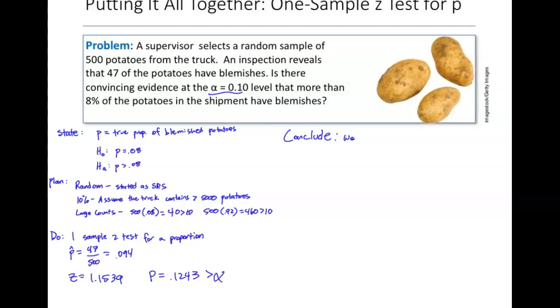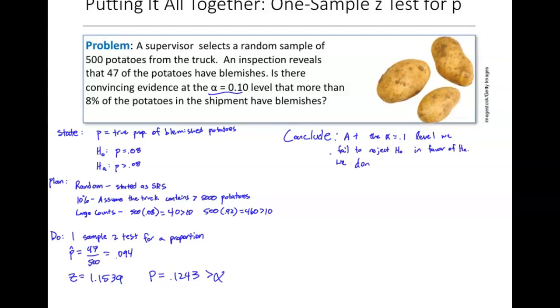So I'm going to start with the significance level, sorry. At the alpha equals 0.1 level, we fail to reject H null in favor of HA.